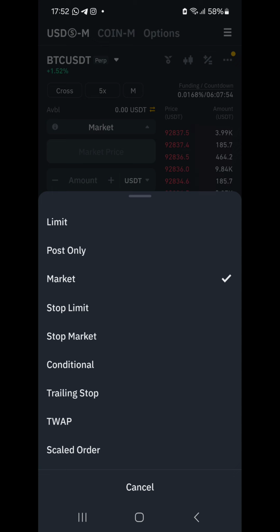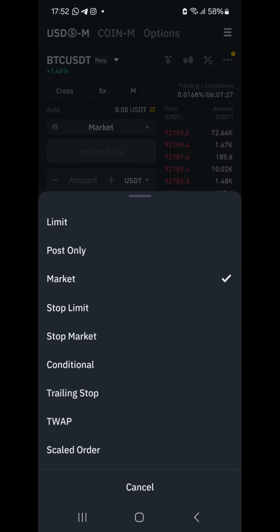Now, for example, if Bitcoin drops to 29,000, you want to sell immediately at the best available price. You set a stop market order with a stop price of 29,000. Use case: ideal for quickly executing a trade when a specific price level is hit.